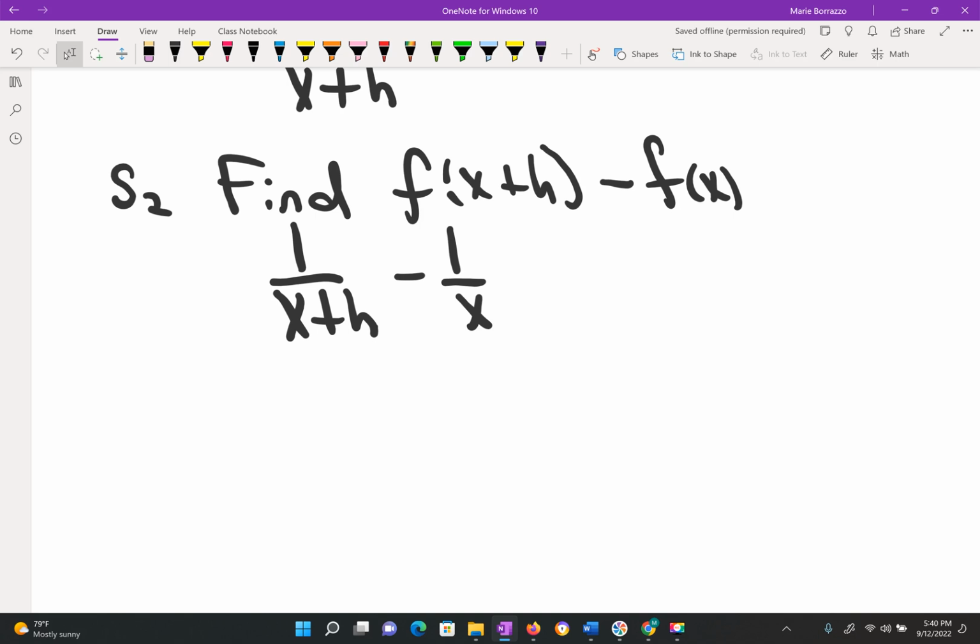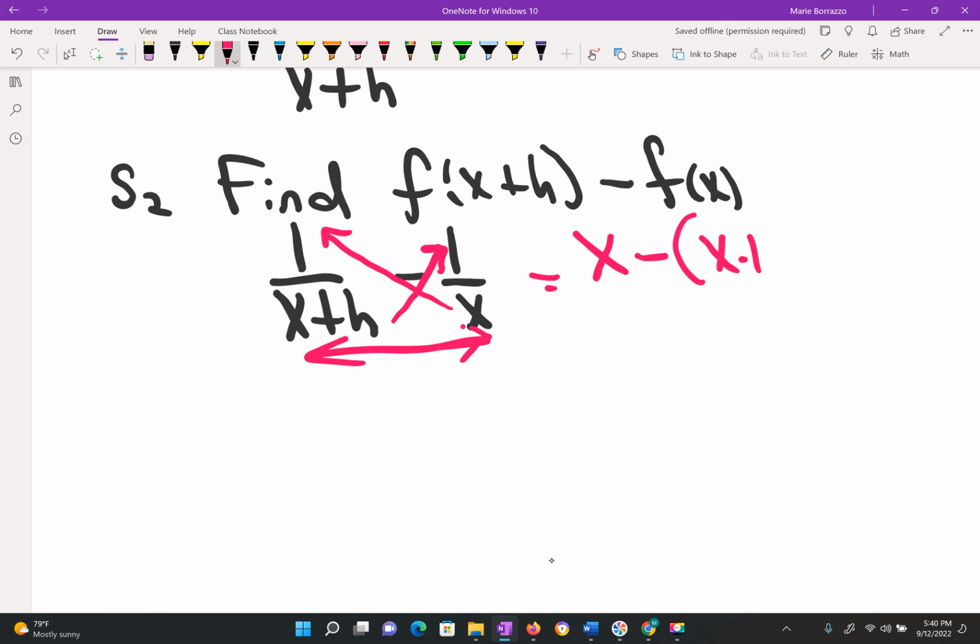If we cross multiply, because remember we need a common denominator, right? So if you remember, the theory is if you cross multiply the denominators as such and then group them together, your answer here is simply x minus x plus h, if you want, I can color code it if you're not following me, over x times x plus h.